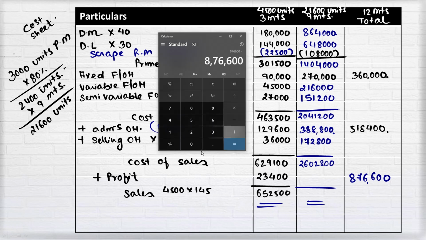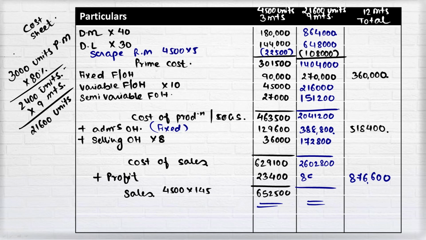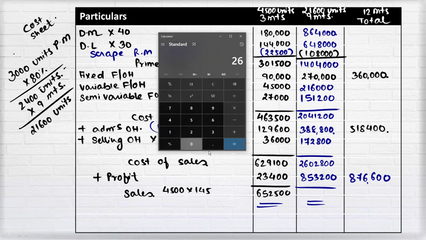876,600 minus 23,400, 853,200 should be your profit for 9 months. If the profit for 9 months is 853,200, what should be the sales for 9 months? 26 lakh 2,800 plus 853,200.